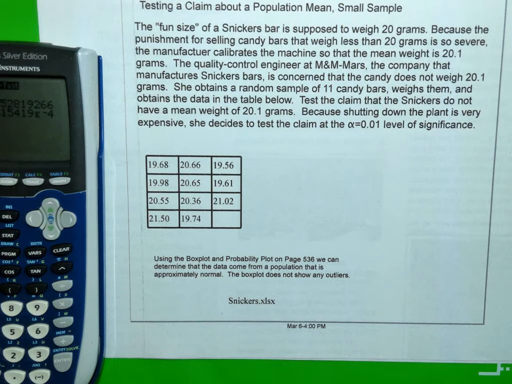The quality control engineer at M&M Mars, the company that manufactures Snickers bars, is concerned that the candy does not weigh 20.1. She obtains a random sample of 11 candy bars, weighs them, and obtains the data in the table below. Test the claim that the Snickers do not have a mean weight of 20.1. Claim.